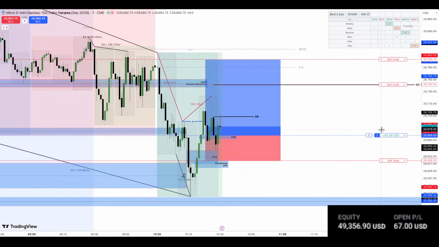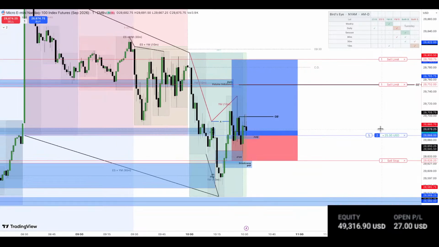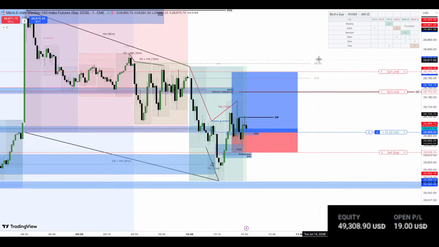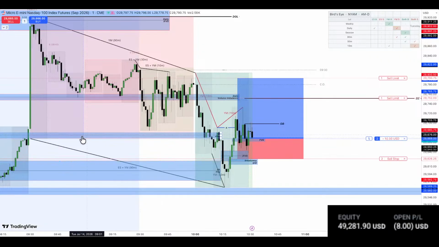Price is having trouble moving to the upside. I'm starting to think that maybe price is using this low of the AM manipulation as a resistance.